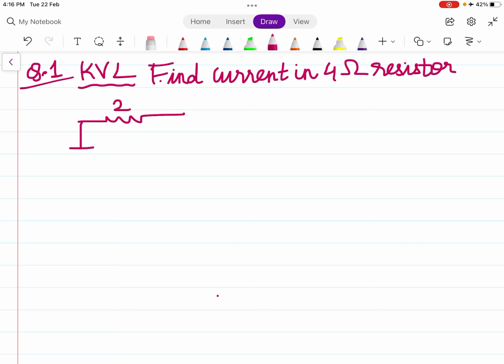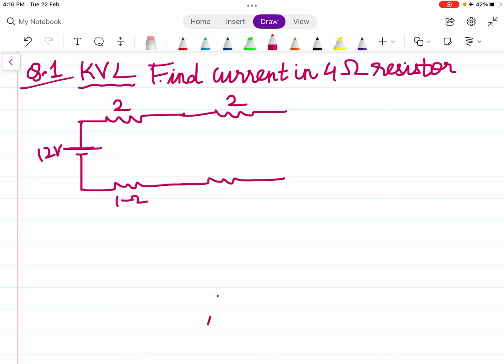So this is 2 ohms. Then this battery is 12 volts. This is 2 ohms, 1 ohm. This is 10 volts.